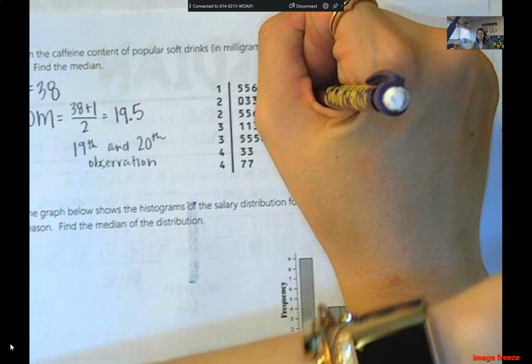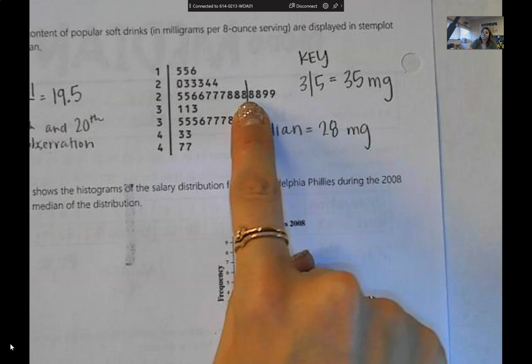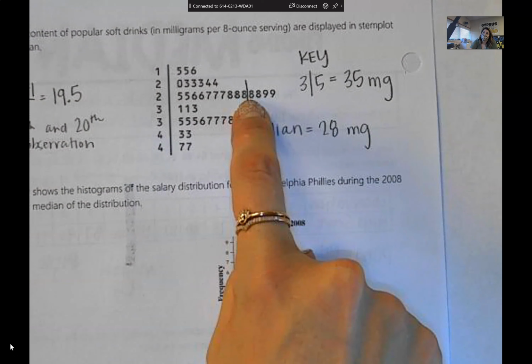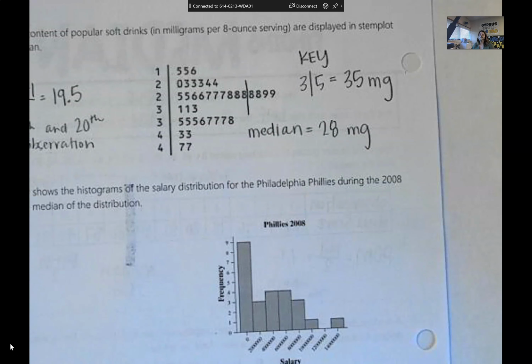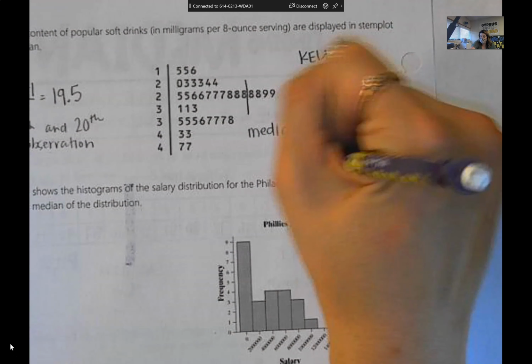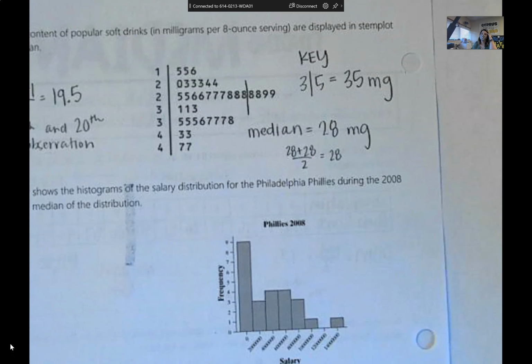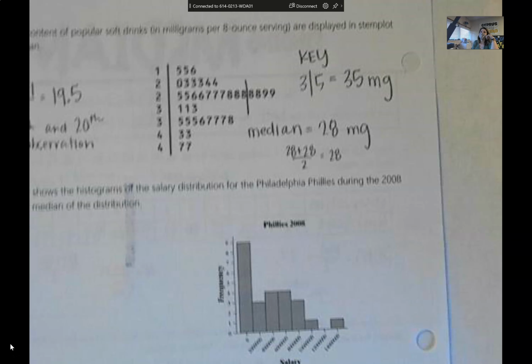Were you guys able to find it? Was that a yes? So it should be between the third and fourth 8. So that would be 28 milligrams. If you use the formula, that would also give you 28. 28 plus 28 divided by 2 is 28.